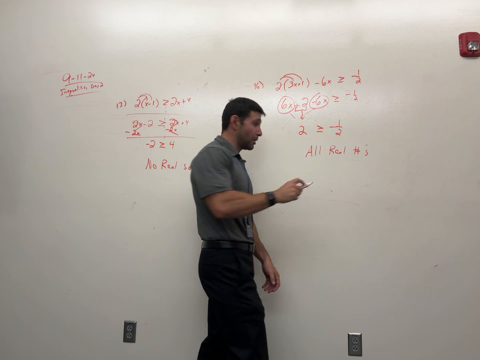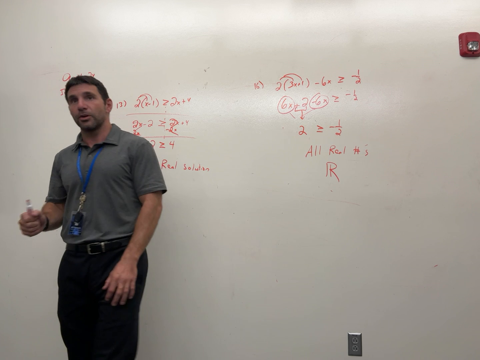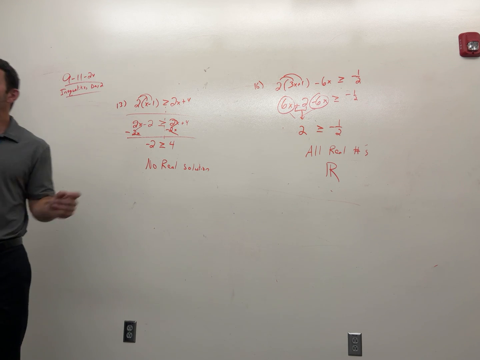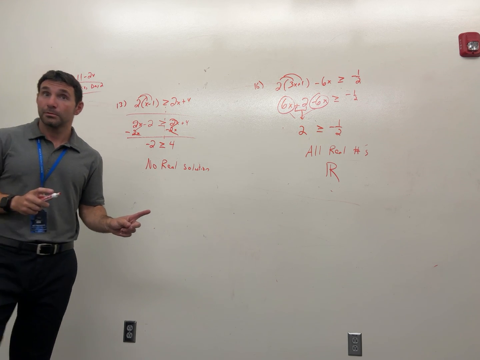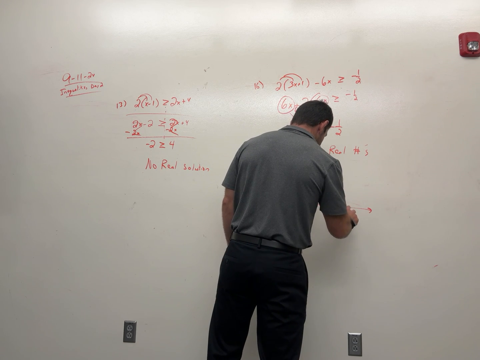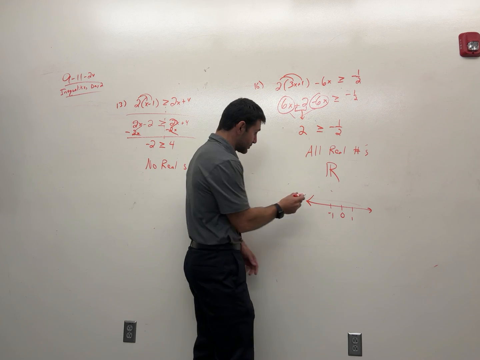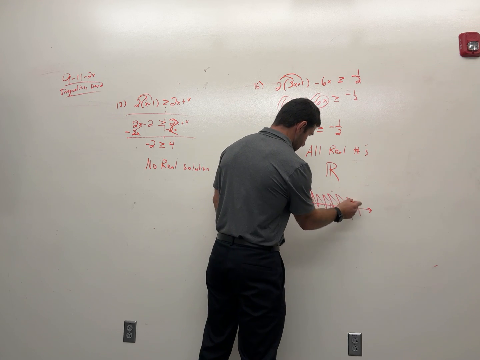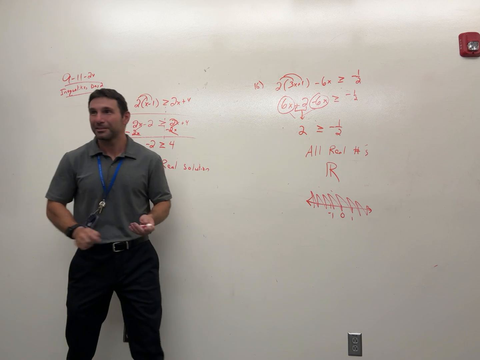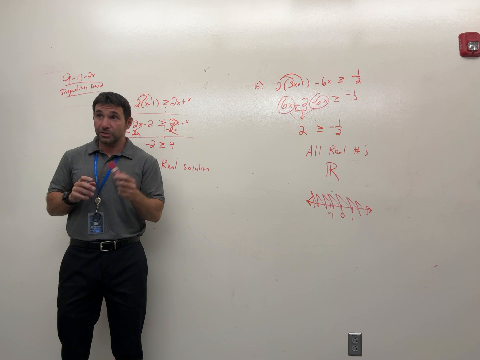The symbol for all real numbers is 2 lines with an R. How would I graph that, though? Well, I put a 0, I put a 1, I put a negative 1. And guess what I do? I shade the whole thing. What questions do we have?